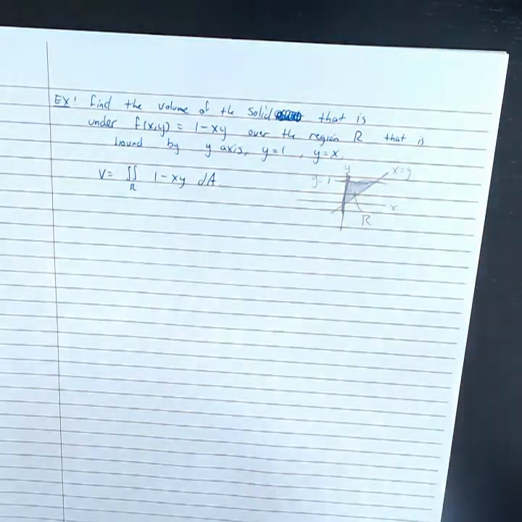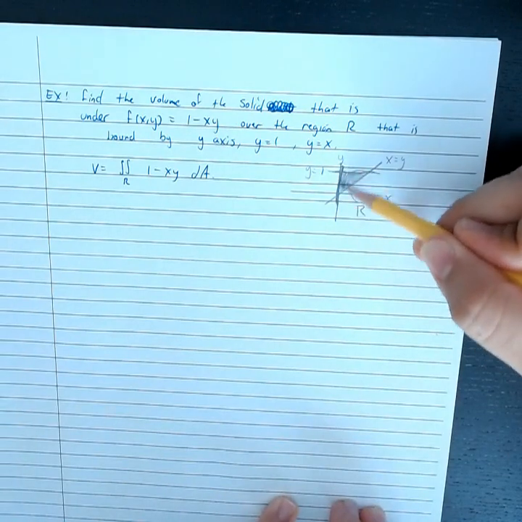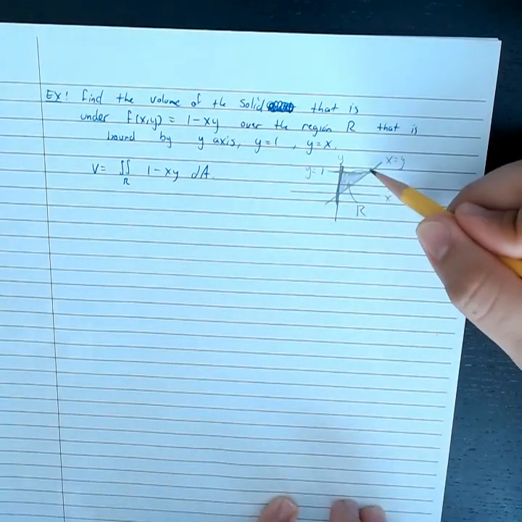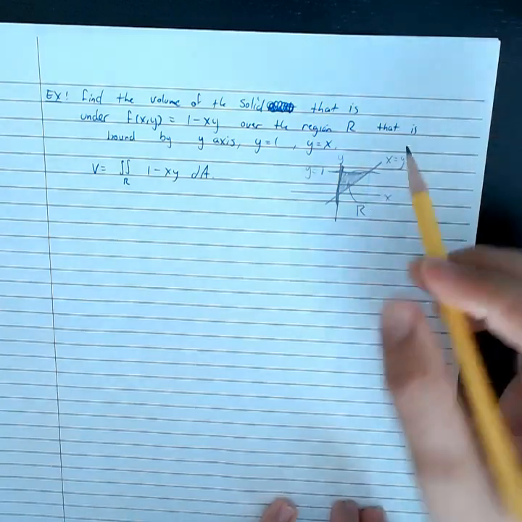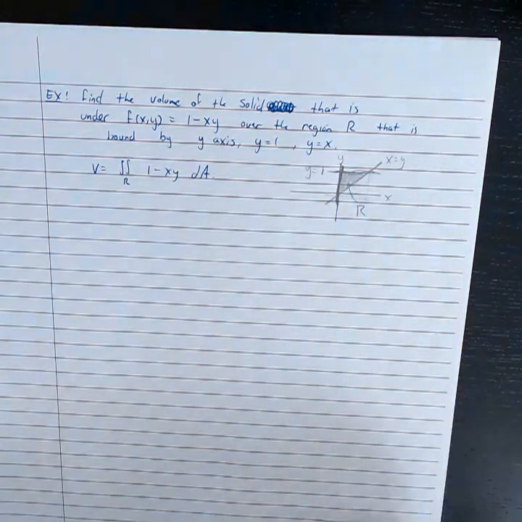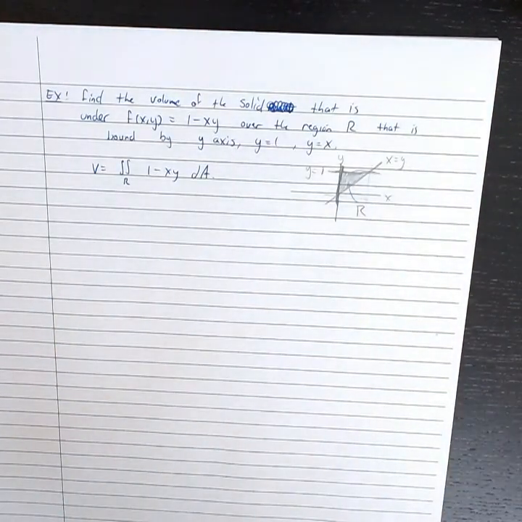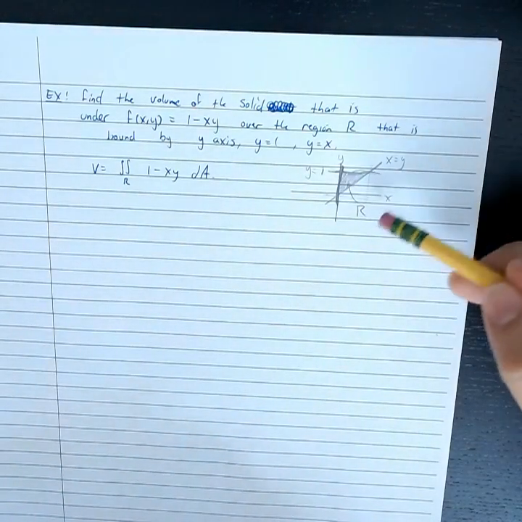Well, notice I could describe this either way. I could say, oh look, this goes from an x value of 0 up to an x value of 1. Or I can describe it this way. It goes from a y value of 0 to a y value of 1. And it really doesn't make a difference. Both of those describe my region. So here, I'm just going to go ahead and pick one. Depending on what your region looks like, you might end up not caring.